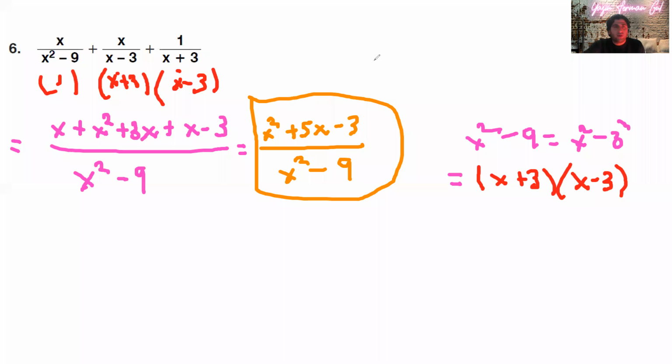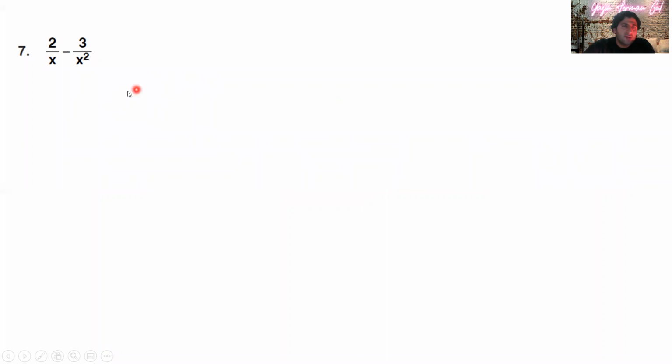All right, so I'm gonna go to the next question now. Let's see what is here. Okay, the question says 2 over x minus 3 over x squared. So what I'm going to do is I'm gonna multiply by x, and that's going to be times 1. So x times 2 will be 2x over x times x will be x squared.